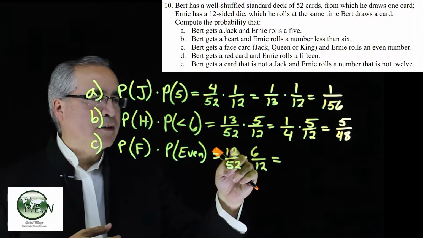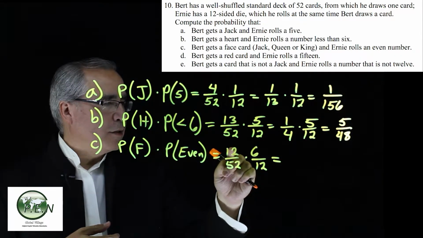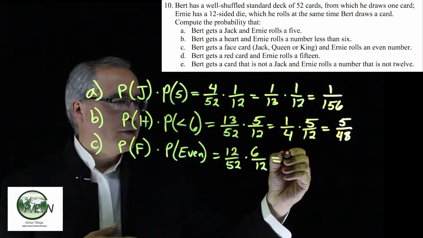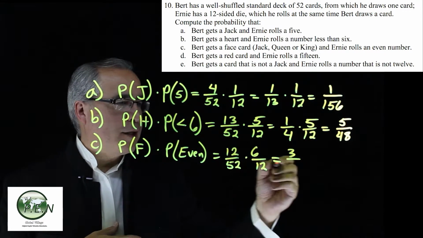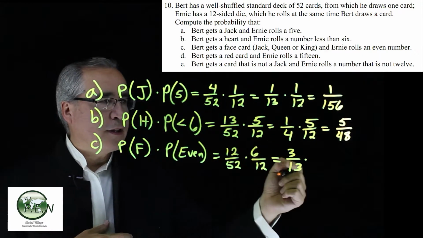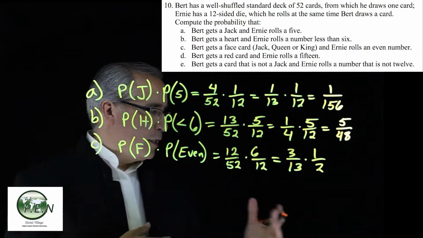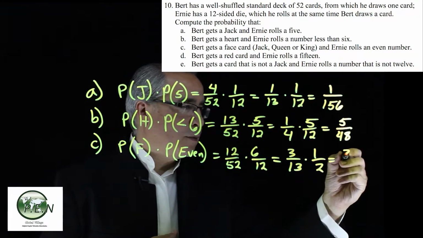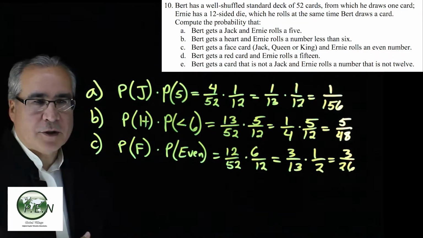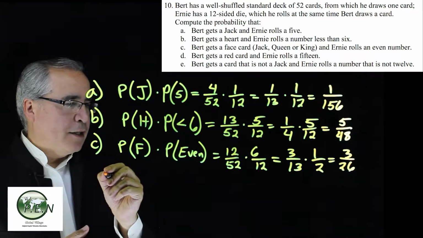We can do the reducing. 4 goes into 12 and into 52, so 12/52, dividing both by 4. 12 divided by 4 is 3. 52 divided by 4 is 13. Now 6 and 12, 6 goes into both of those. 6 divided by 6 is 1. 12 divided by 6 is 2. And now we just continue multiplying. 3 times 1 is 3. 13 times 2 is 26. Again, turn it into a decimal and a percent if you would prefer, and that'll give you a feel for where we're at. But these will allow you to check the answers.